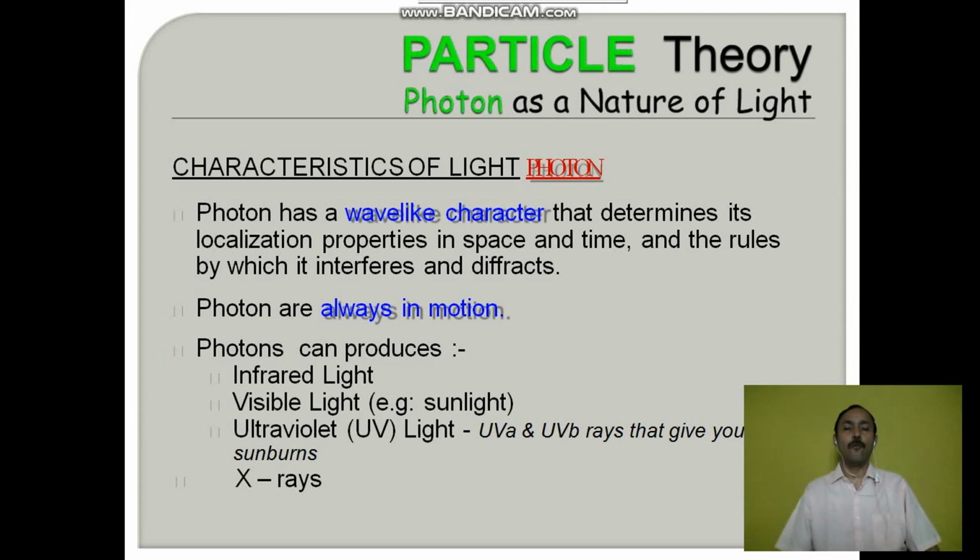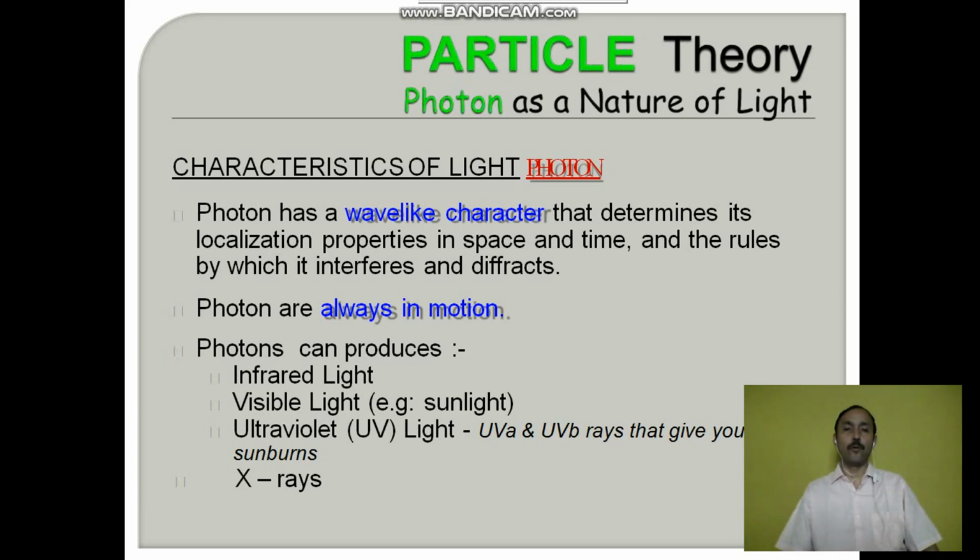Characteristics of light photon: photon has a wave-like character that determines the localization properties in space and time and the rules by which it interferes and diffracts. Photons are always in motion.